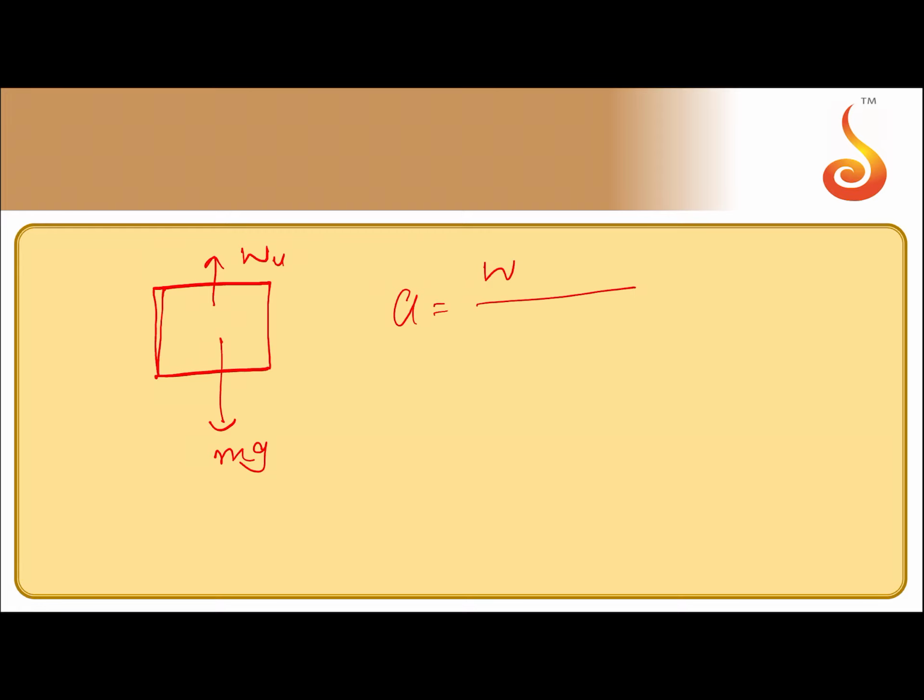Acceleration is equal to upthrust minus mg divided by its mass. What is upthrust? It is volume of the liquid displaced into density of the liquid displaced into g, minus m into g, divided by m. But volume of the liquid displaced is same as volume of the solid. Volume of the solid can be written as mass of the solid divided by density of the solid.